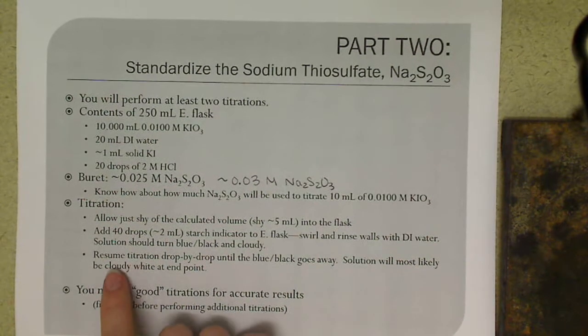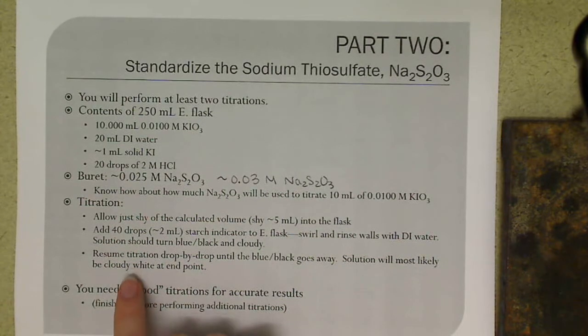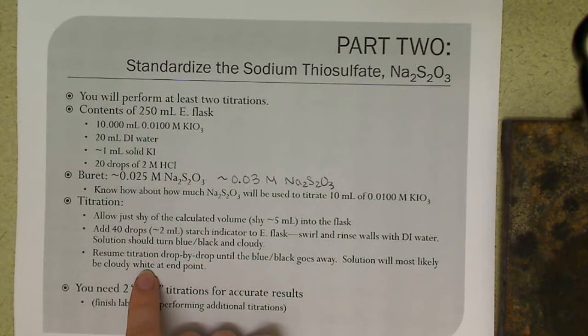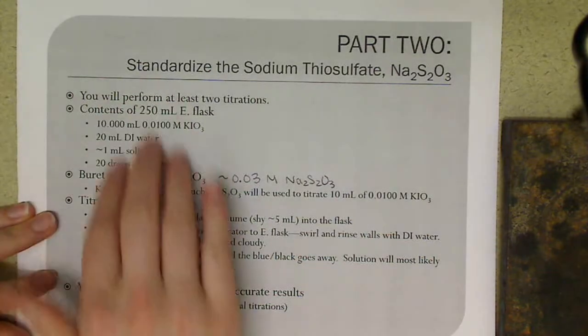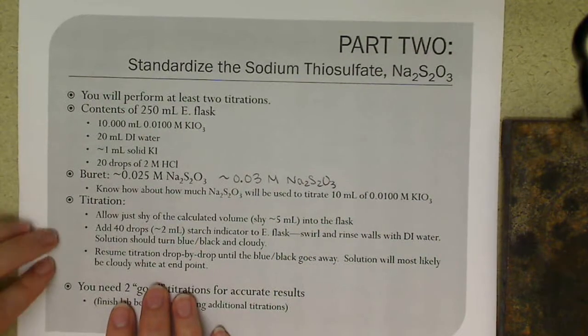Most of the time, it's going to go cloudy white. For some of you, it might go cloudy yellow. So you'll just kind of have to observe as you go. And remember, if you think you're close, write down a burette reading and then add another drop and see what happens. It's easier to cross out a burette reading than it is to start the titration over. So that's physically what you are doing for part 2.